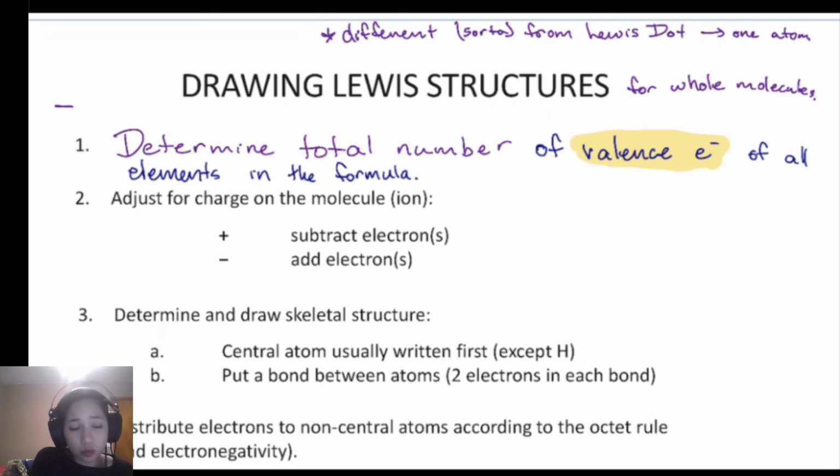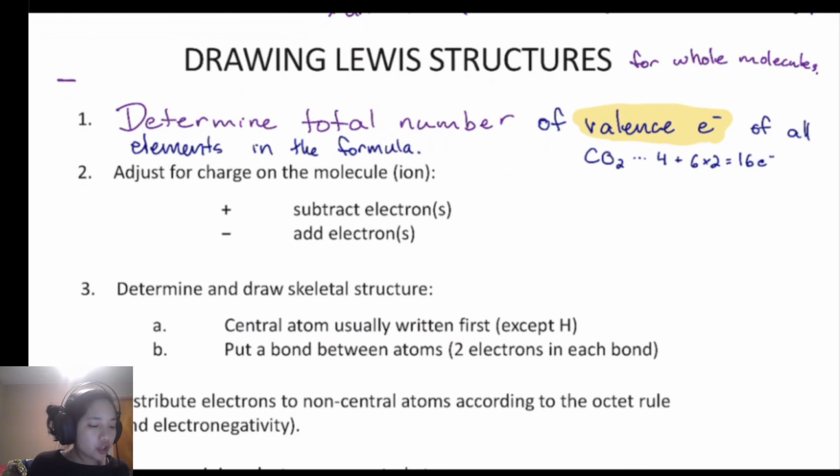So for our CO2 example, carbon, I just look at my periodic table. Carbon is in group 4, so 4 valence electrons. Oxygen has 6 valence electrons. It's in group 6A. So 6, but there's 2 oxygen, so that's times 2. So 16 electrons for CO2. All right, so that's just for example.